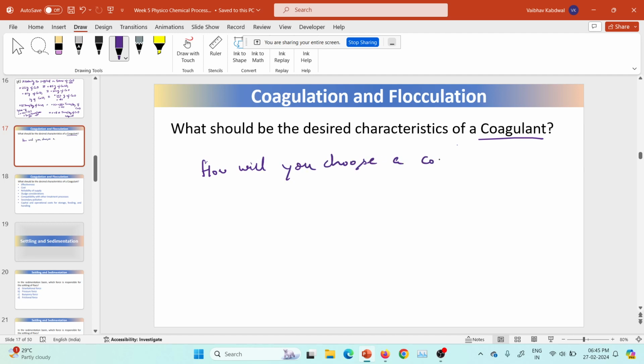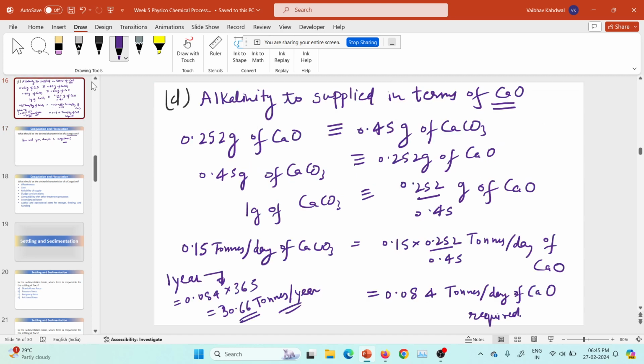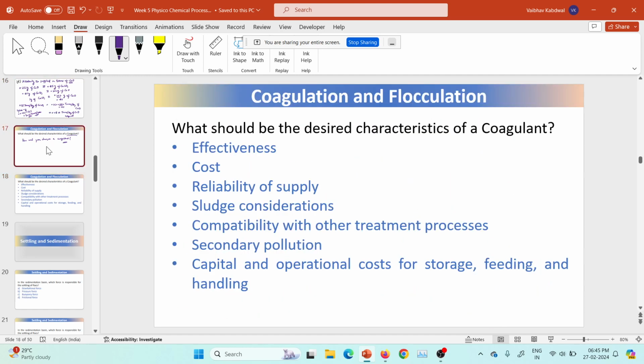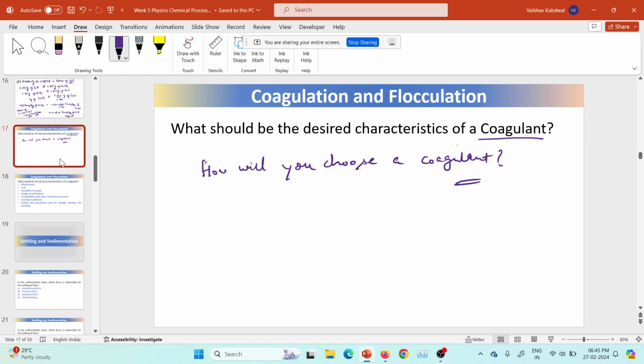You can think about the cost. See how much lime was required in the previous question. It was around 1 ton per day and 365 tons per year. Cost.